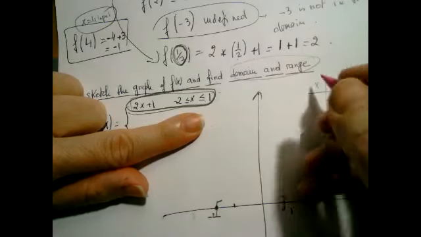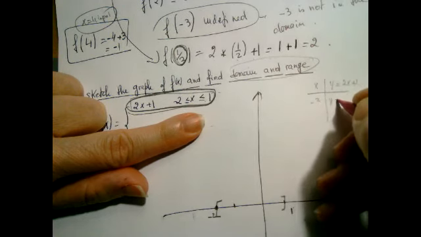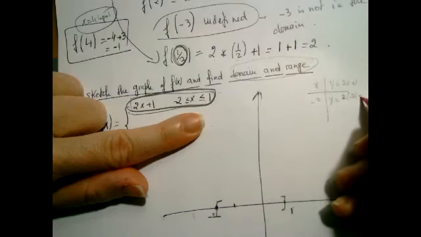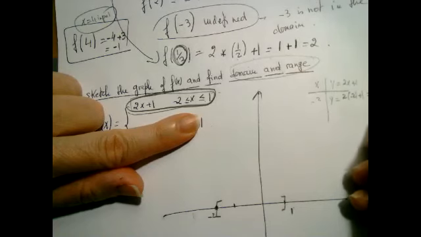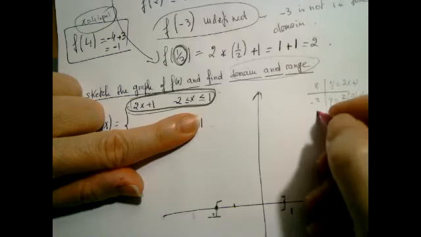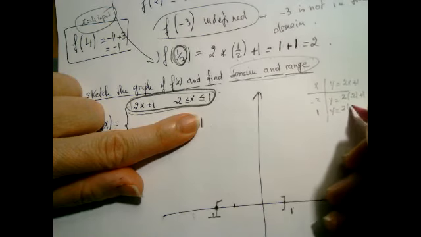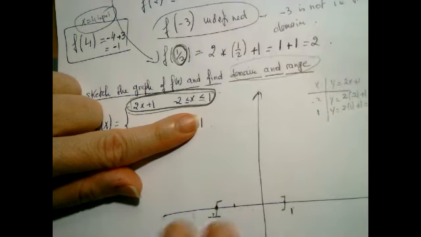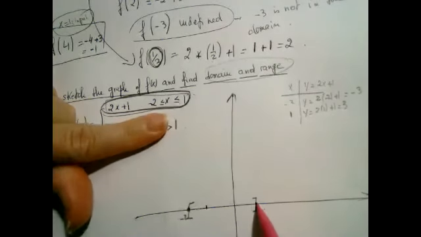At -2, this gives me 2 times -2 plus 1, which is -3. At 1, this is 2 times 1 plus 1, which is 3. Between -2 and 1, this is a line.